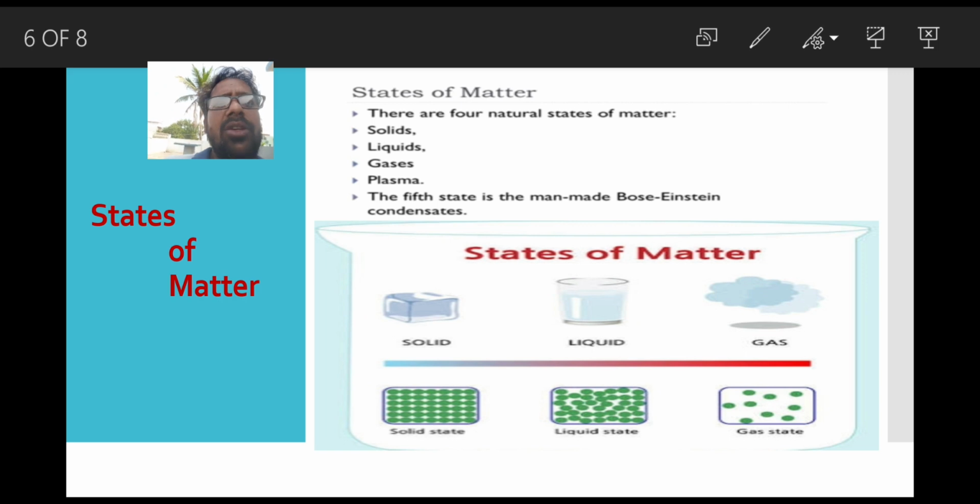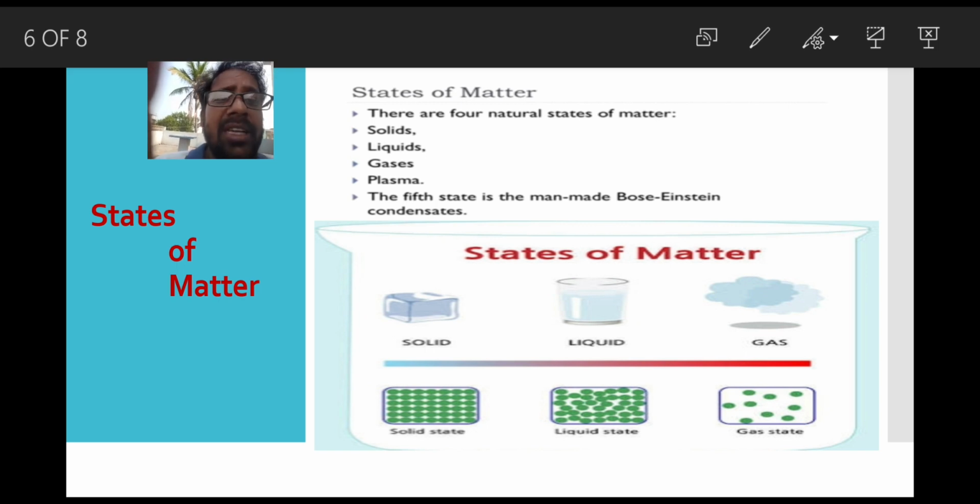So let's move on. You can see the picture here. The states of matter I am giving are solid, liquid, and gas. It is very clear from the picture. In the solid cube you can see that the volumes are the same, but the arrangement of molecules is different.